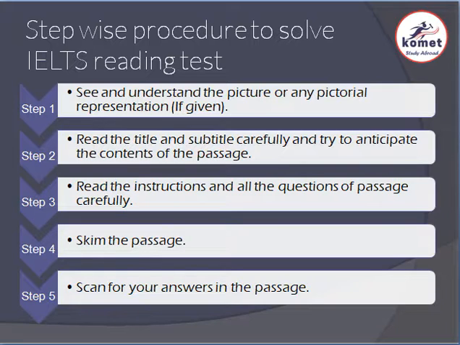You read the related sentences and then try to answer. This is a brief idea of how the steps go. For the details, I will be making further videos on how skimming, scanning and all these things work.